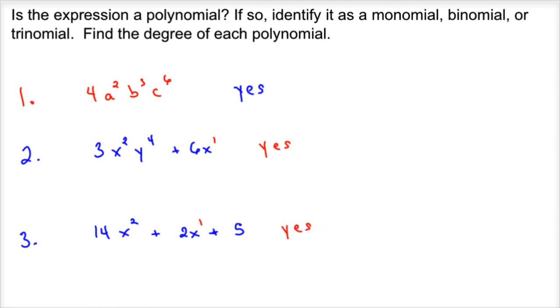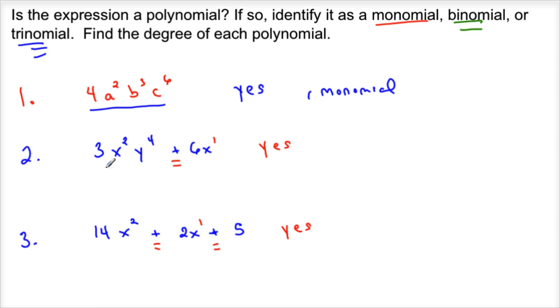So they're all polynomials. Identify each as a monomial, a binomial, or a trinomial. If we think about our prefixes, monomial means 1, binomial means 2, trinomial means 3. If you notice the first one here, 4a squared b cubed c to the sixth, has no plus sign, the second, 3x squared y to the fourth plus 6x, has one plus sign, and the third, 14x squared plus 2x plus 5, has two plus signs. In the first case, this is one term, this is a monomial.